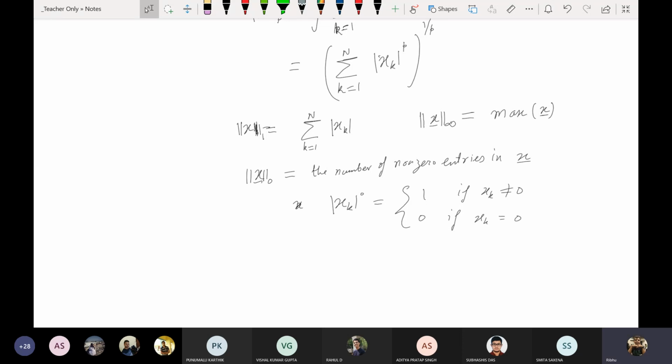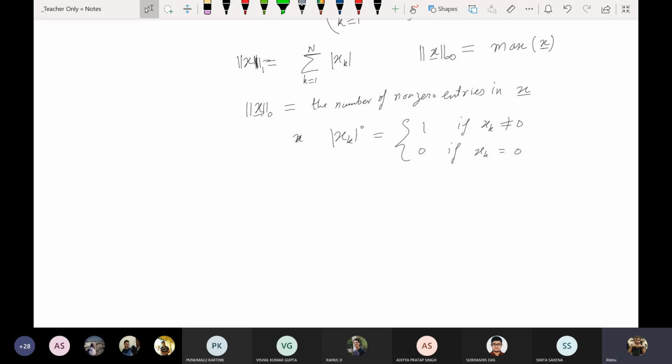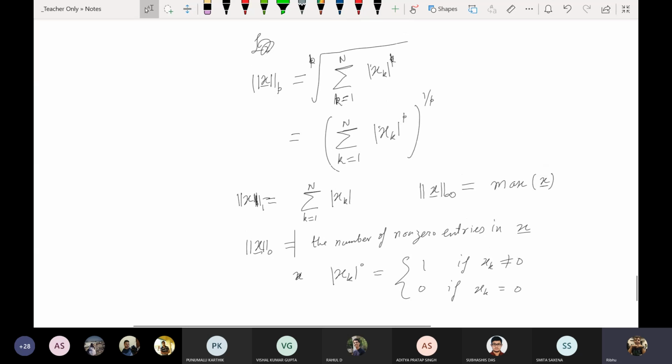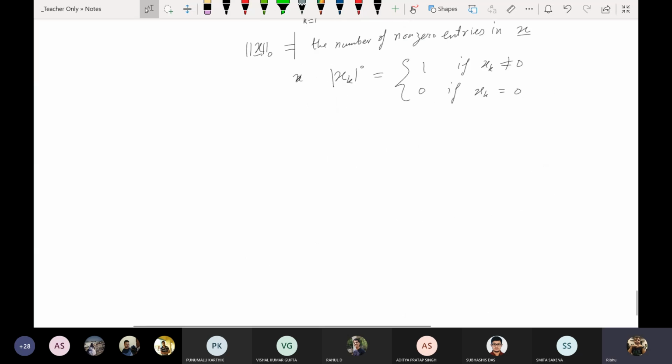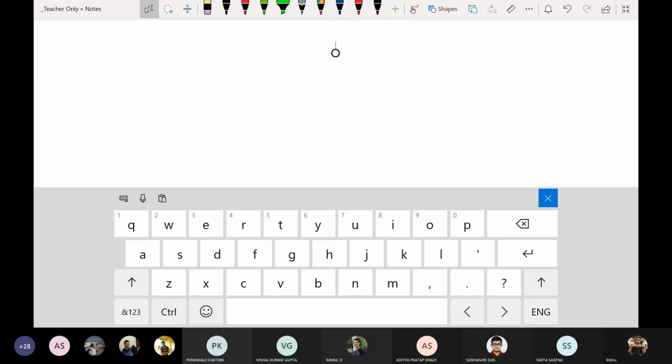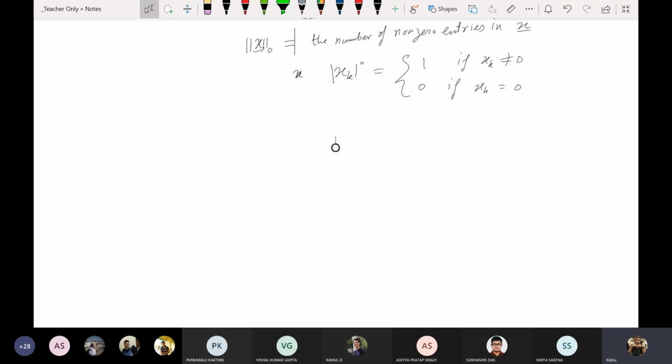Fine. So this is the story of the different norms. There's one more thing. For a matrix, say I have a matrix A. Do not make this mistake.